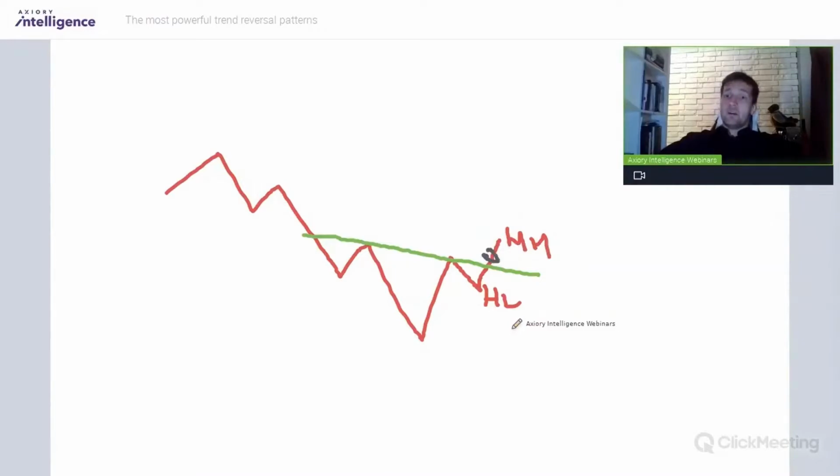Very important notice, my friends. Only the fact that the price creates a right shoulder does not entitle you to open a long position. Buy signal is triggered when the price breaks the neckline. This is the neckline, and when the price breaks the neckline, we have a signal.